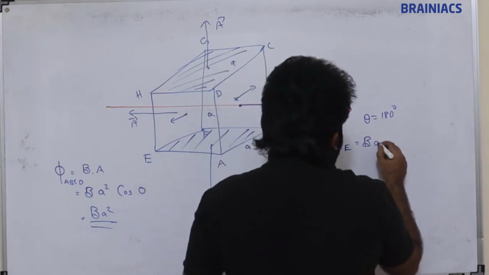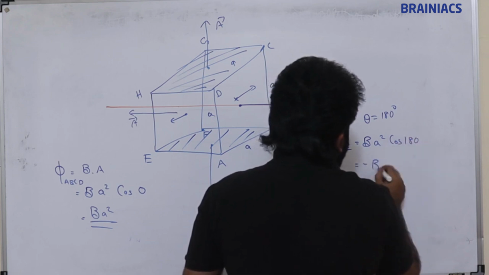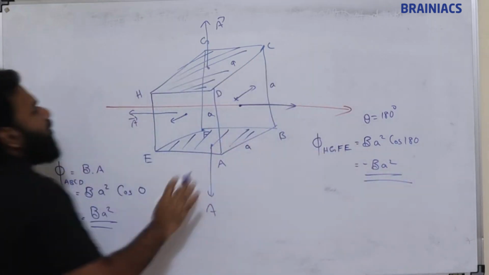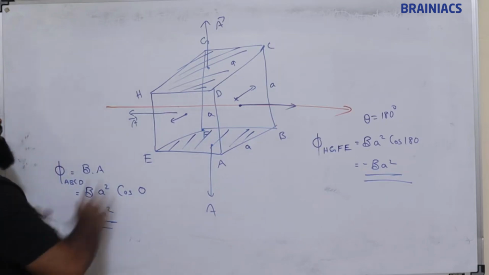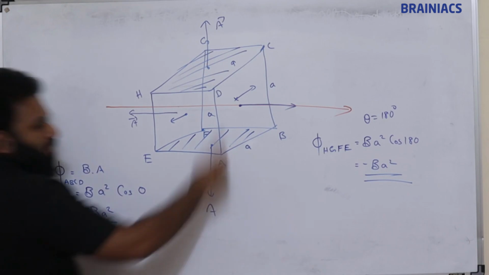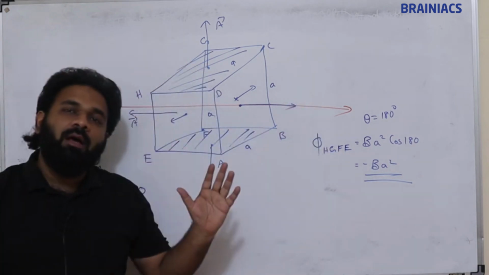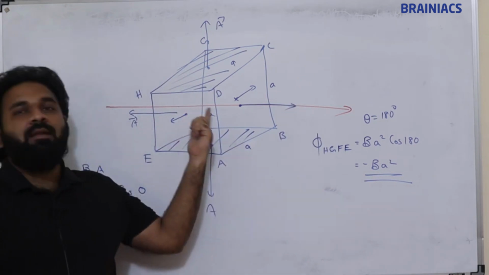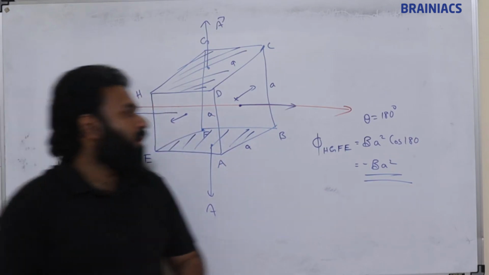So BA square cos 180 degrees, we will get minus BA square as the answer. There is no doubt in this. If the magnetic field is given like this and they ask the magnetic flux passing through this face, definitely this is going to be the answer, because we have no other option except taking the area vector in this direction.